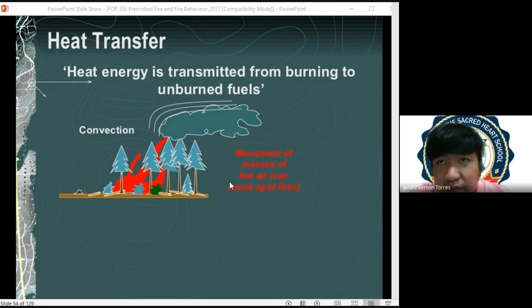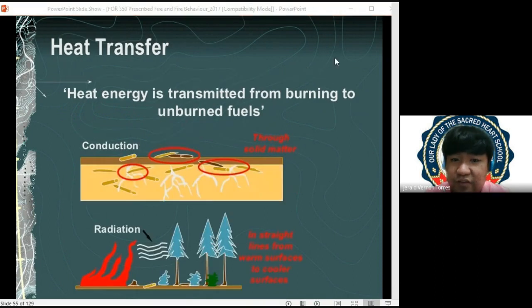And what we need to do is transfer heat energy to this fuel. Like a normal burning event, it can be transferred by convection. So our convection smoke can be transmitted or dispersed all throughout the area. And upon dispersion, it can transfer heat energy that would cause the ignition of the fuel present in your forest.